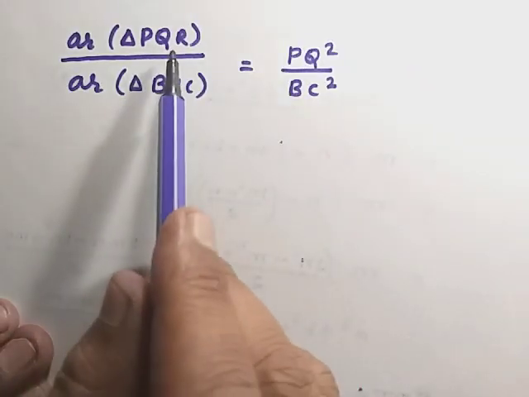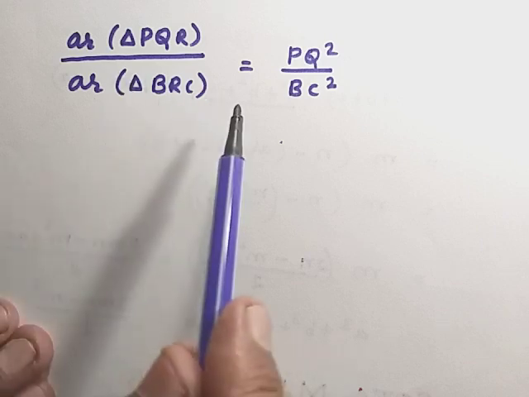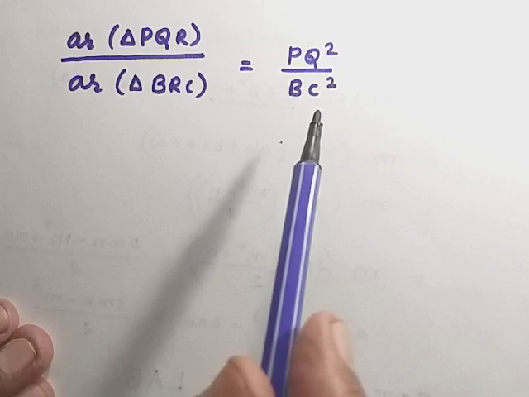This is from the fact that the ratio of the areas of similar triangles is equal to the ratio of the squares of their corresponding sides.